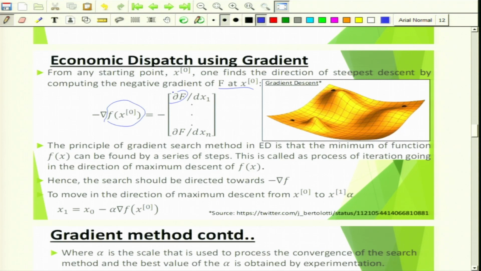That means what I am doing here, can you see in this picture, it's a 3D diagram. Let's say there is a starting point here, another starting point here, and another variable here. Now you find the steepest slope starting at each point for this function.